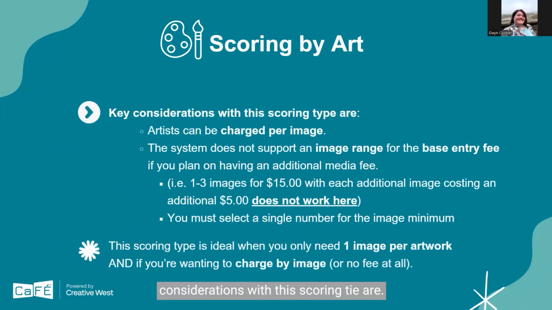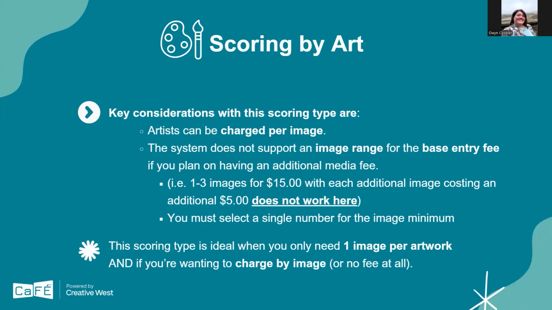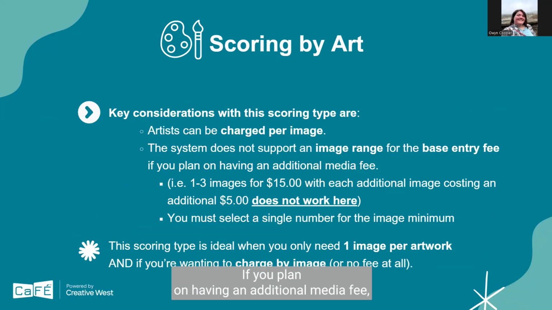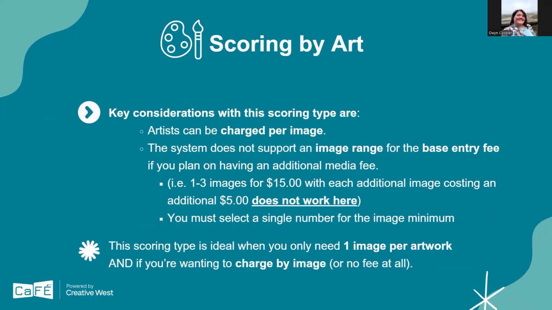Some key considerations with this scoring type are artists can be charged per image. The system does not support an image range for the base entry fee if you plan on having an additional media fee.